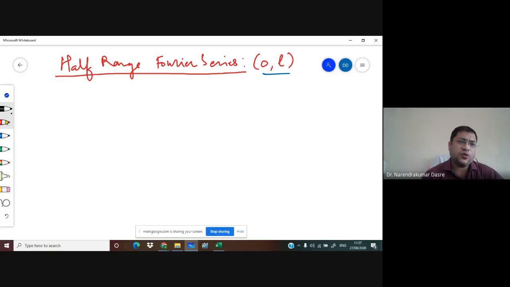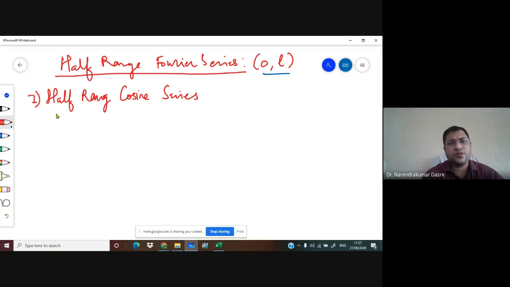Now, what are the half range Fourier series available with us? First is the half range cosine series. Again, this is a half range series, so it is always in the interval 0 to L. So what is the formula we have?